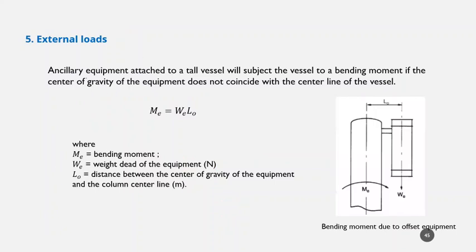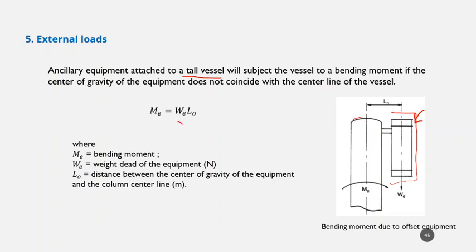And then we have external load. Okay, for the auxiliary equipment attached to the tall vessel, we can determine the bending moment, including the auxiliary equipment attached to this column. Usually it is related to the tall vessel as well, where the vessel is subjected to a bending moment if the center of gravity of the equipment does not coincide with the center line of the vessel.